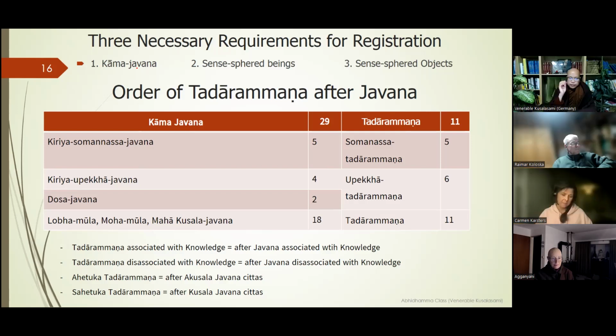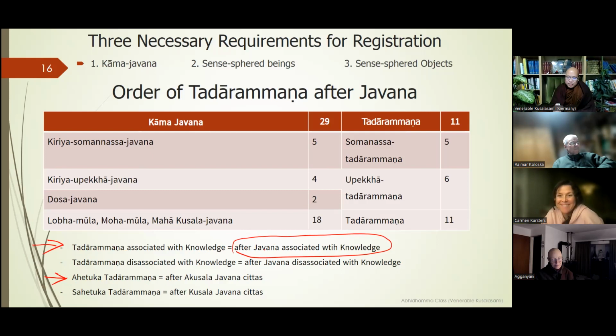Yeah, and that question also becomes more clear with these notes here. Ahetuka Tadaramana. Let's start from here. Tadaramana associated with knowledge. I should write Javana first.